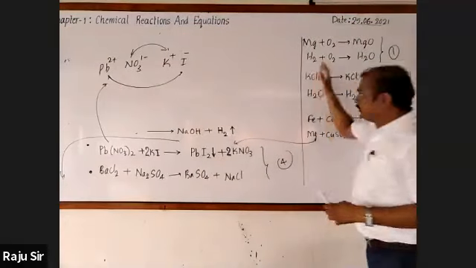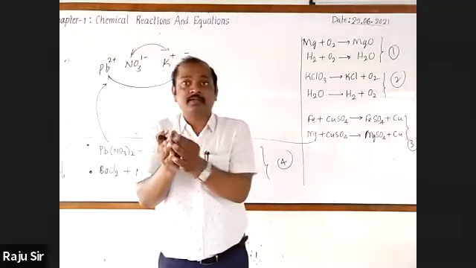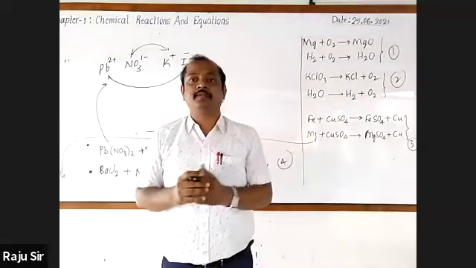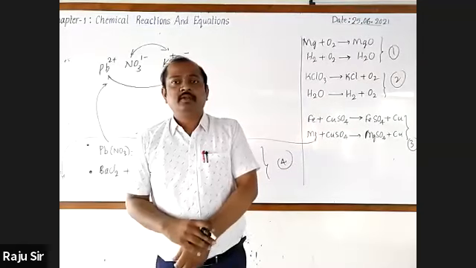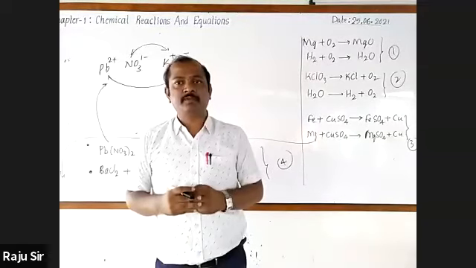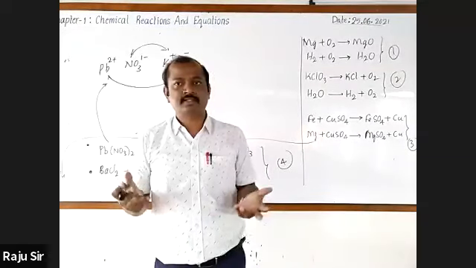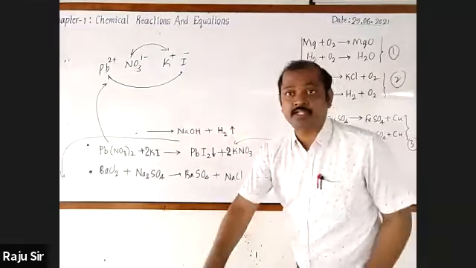When you observe all four groups, you will come to know that the chemical reaction takes place differently. Hence, can we say that we can go for classifying chemical reactions into some types? Yes, sir. So we have different types of chemical reactions.